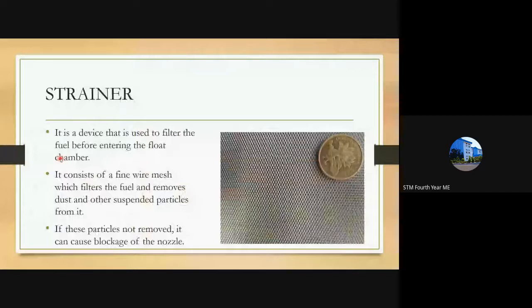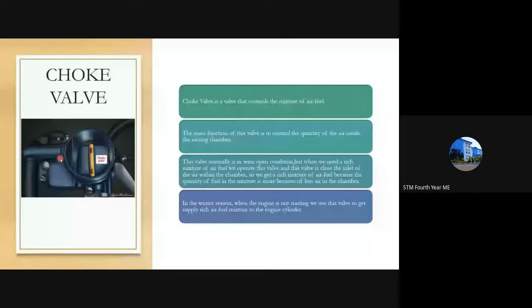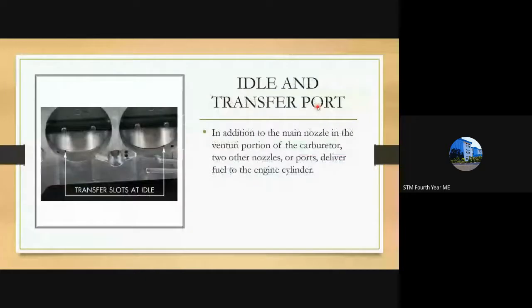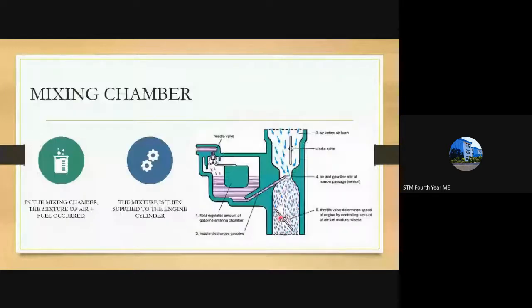The function of the choke valve is to control the mixture of air and fuel. You can look here. The fuel and air mixture mixes and enters into the mixing chamber. This is the mixing chamber, and in the mixing chamber, the throttle valve is present.